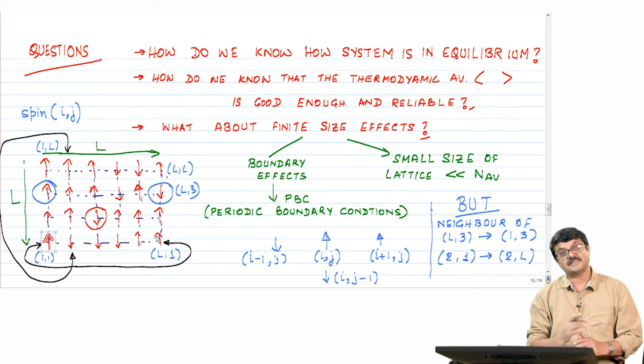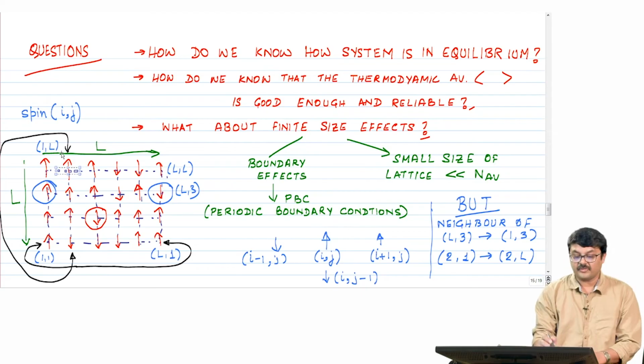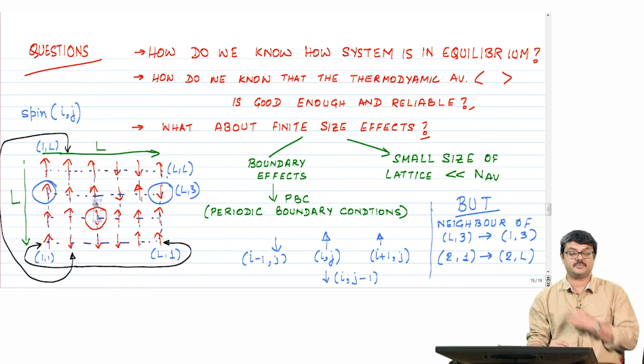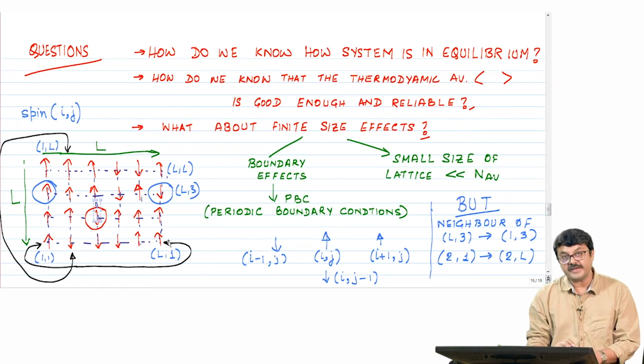So there is a continuity. Periodic boundary conditions you must have used also in your theoretical courses. Of course, this one has basically this neighbor, this neighbor, this neighbor and this neighbor. So this is not a problem at all. This is how we get rid of boundary effects in simulations.